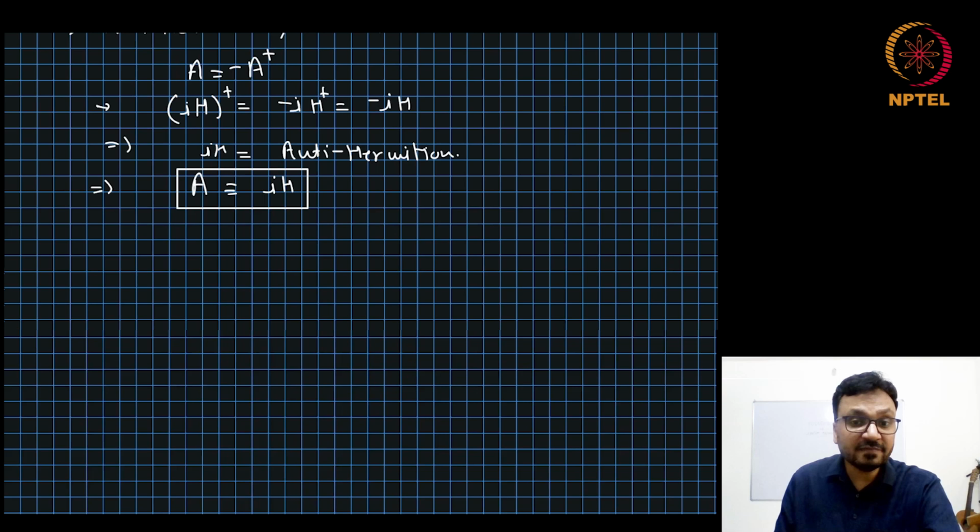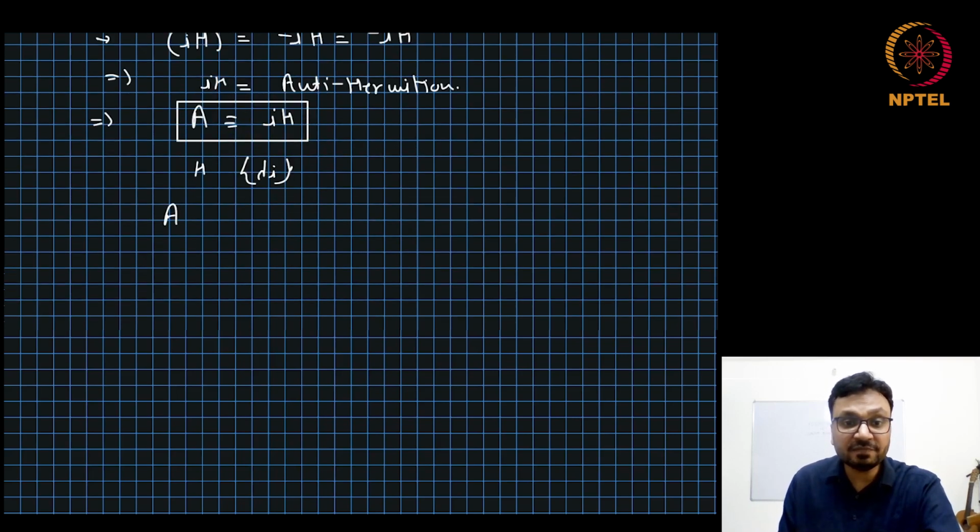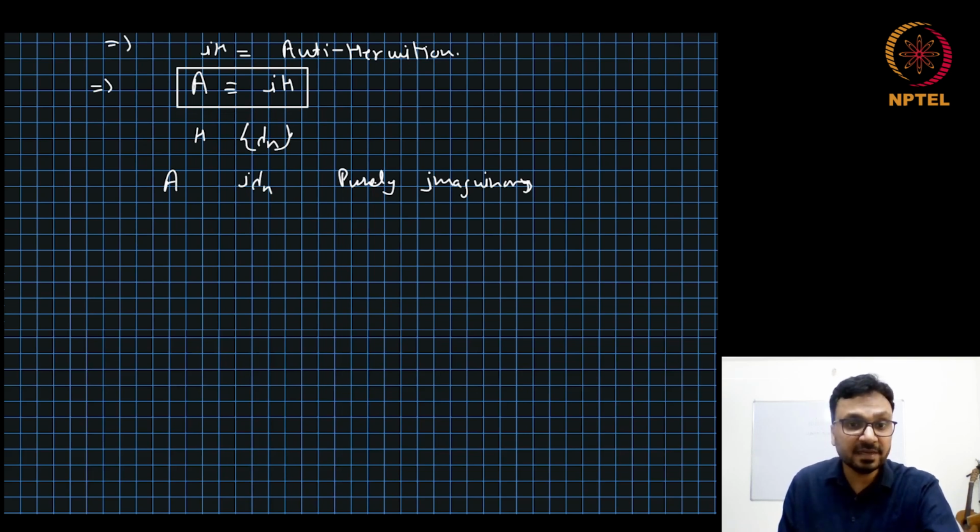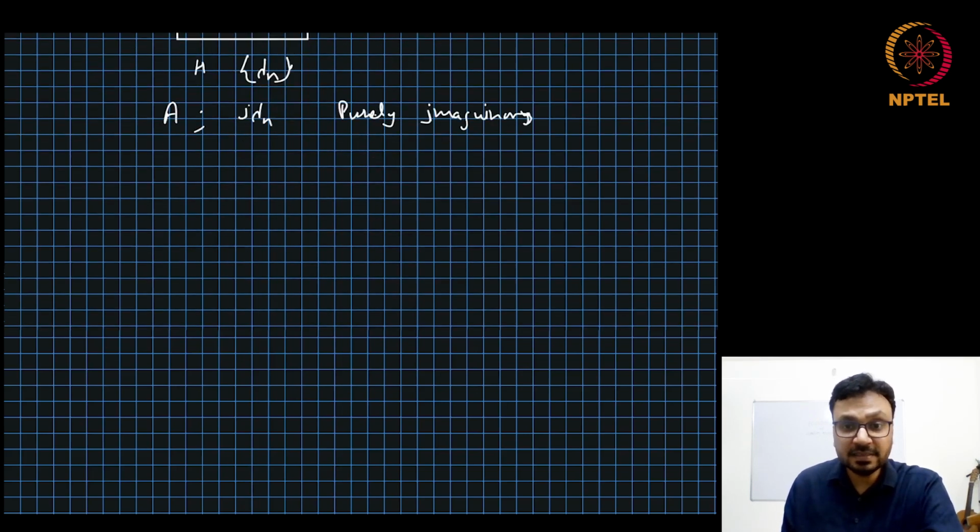For example, if the eigenvalues of H are lambda n's, which are real, then the eigenvalues of A will be i times lambda n, so purely imaginary. In that way, we can define many other properties. The eigenvectors will remain the same. So eigenvectors of an anti-Hermitian operator are always orthonormal and complete. And whatever property we have for a Hermitian operator, we can see how it translates to an anti-Hermitian operator.